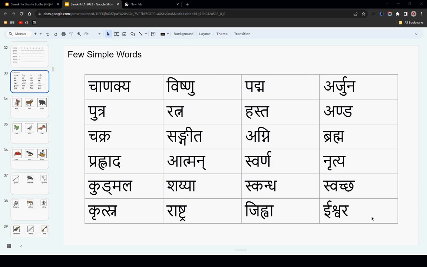Do you know the meanings of all these words, or want me to explain any word you do not know? Kudmala is a bud, like a young flower bud. Shayya is bed.